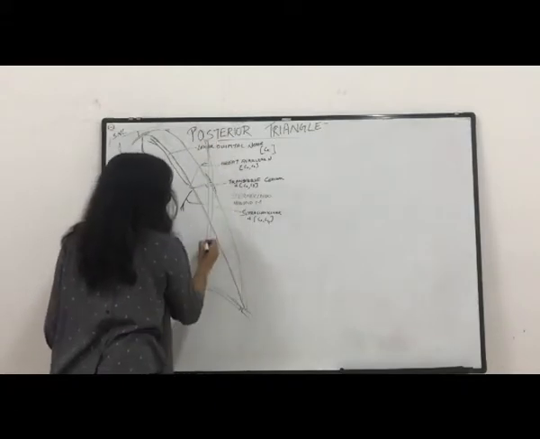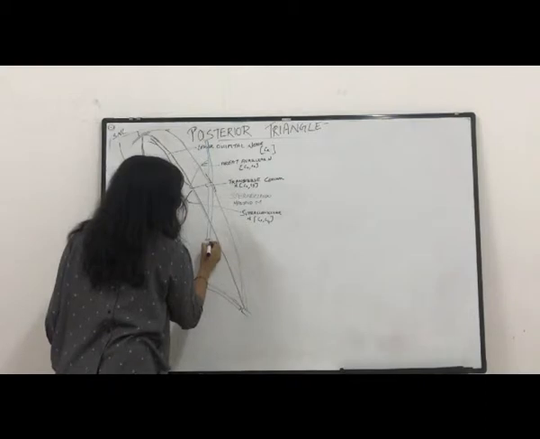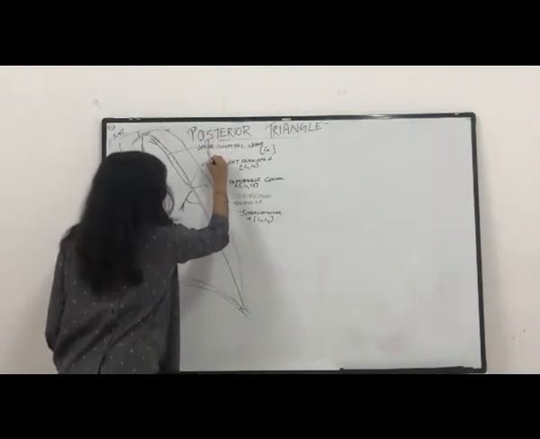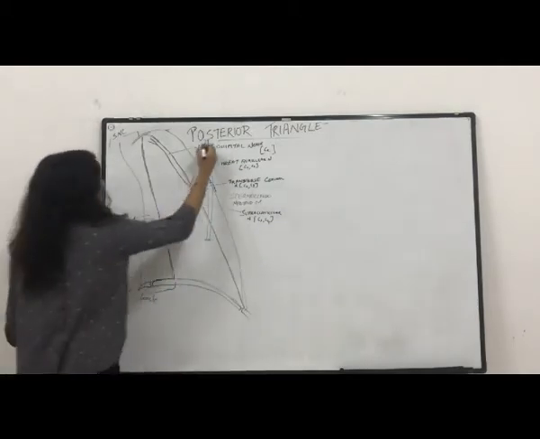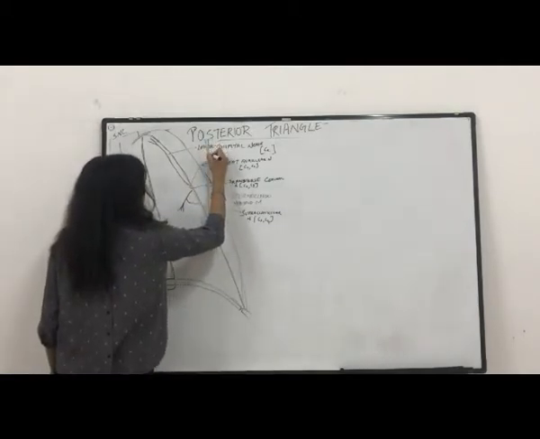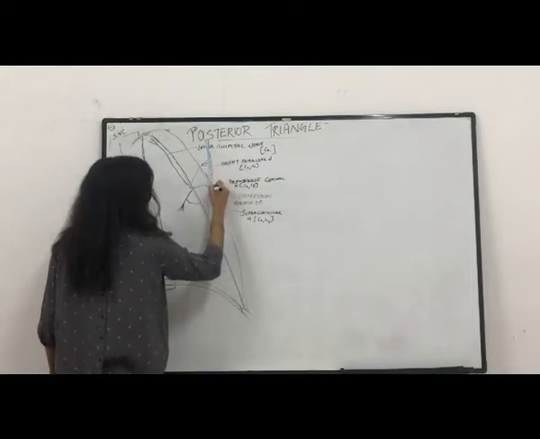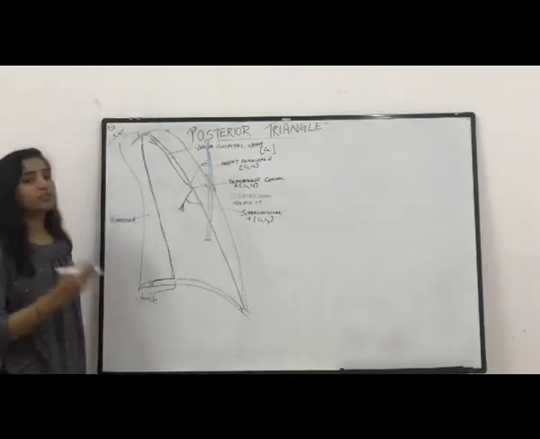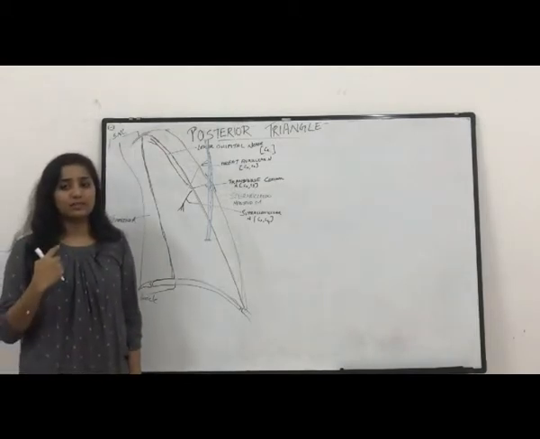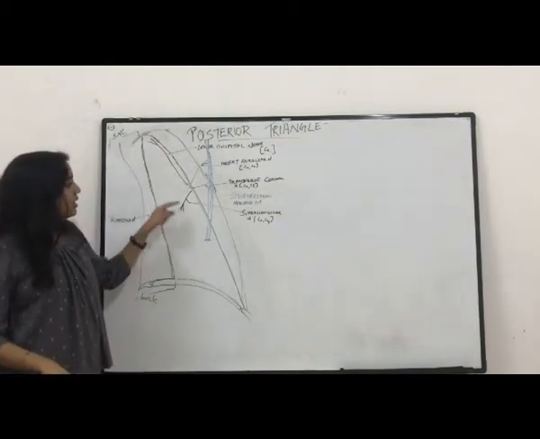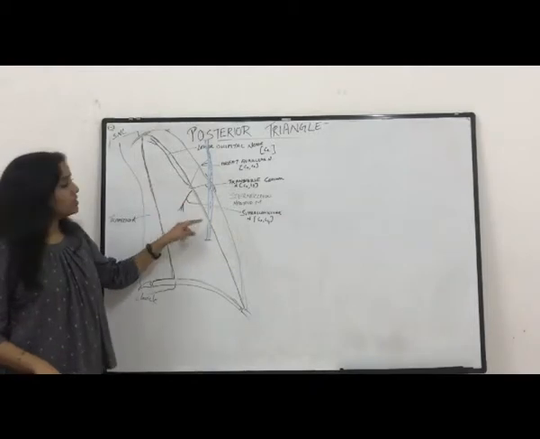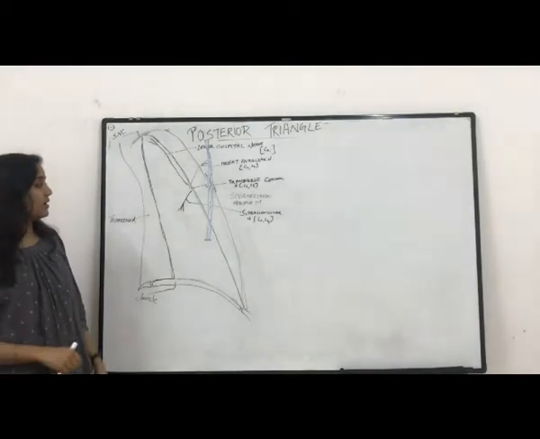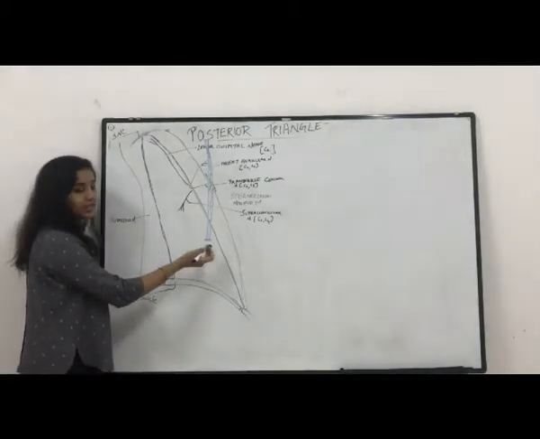This is the external jugular vein, which begins from the angle of the mandible, runs downwards, crosses the sternocleidomastoid obliquely, and pierces the roof of the posterior triangle, pierces the investing layer.